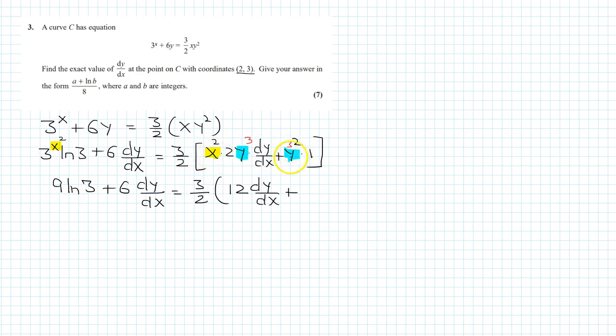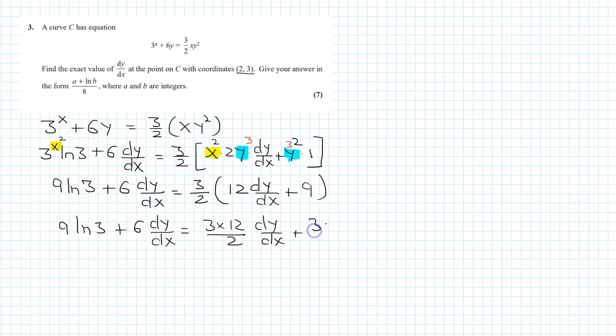This is y square. So y is 3. 3 square is 9. So 9 ln 3 plus 6 dy over dx is equal to 3 multiply 12 over 2 dy over dx plus 3 multiply 9 over 2.